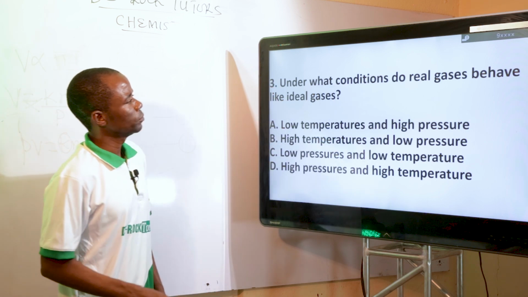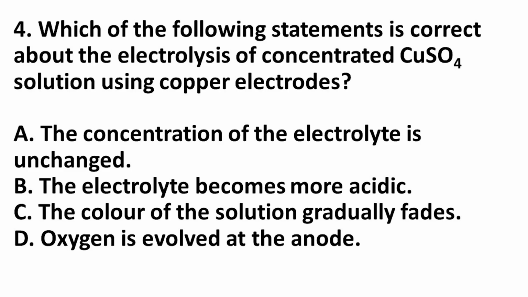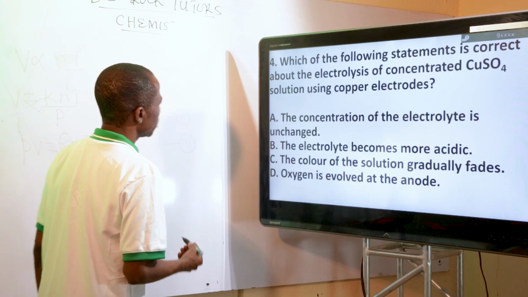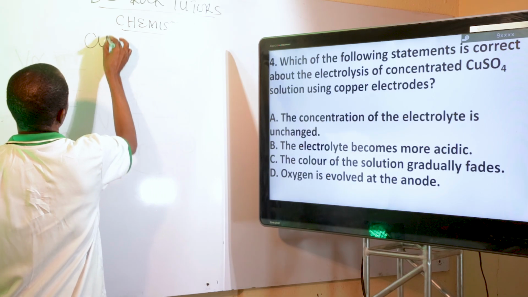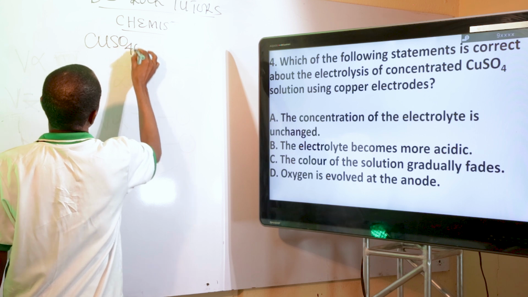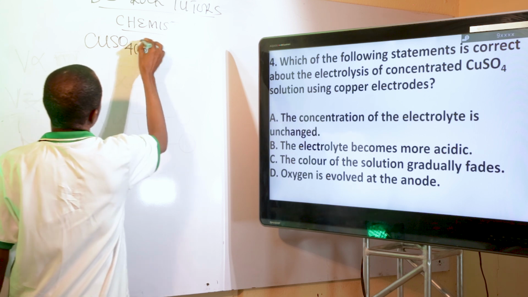Let's look at number 4. Which of the following statements is correct about the electrolysis of concentrated CuSO4 solution using copper electrode? Let's look at what happens when CuSO4 solution is electrolyzed.